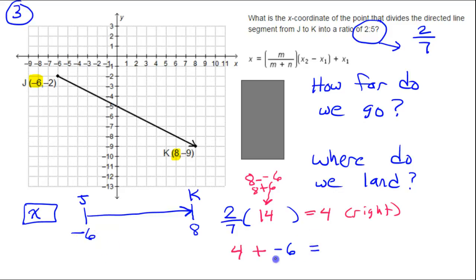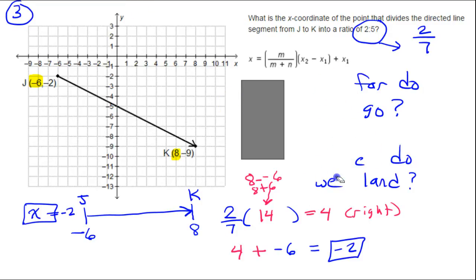That gives me negative 2. So that tells me the x value where I'm going to land is negative 2. I still need to find the y value, so I need to do that all over again for the y values.